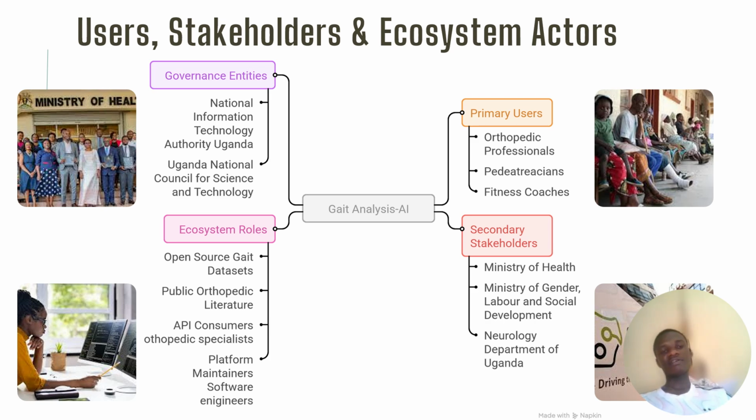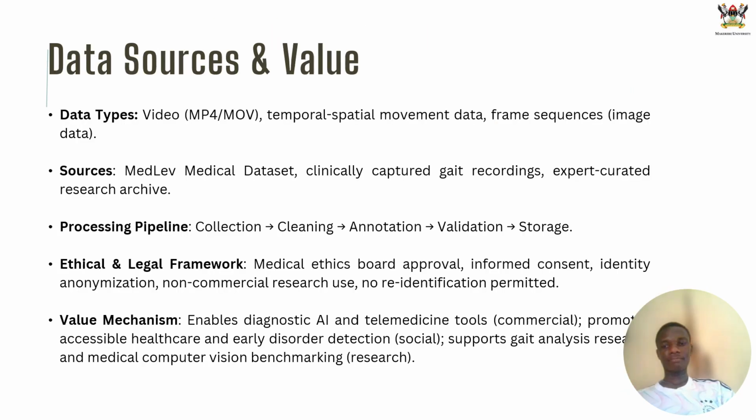Beyond this, we should also partner with other government entities like the National Information Technology Authority of Uganda for standardization, and then the online ecosystem, where roles span based on what we benefit from one another: the open source data sets, the public orthopedic literature, and many more platforms.